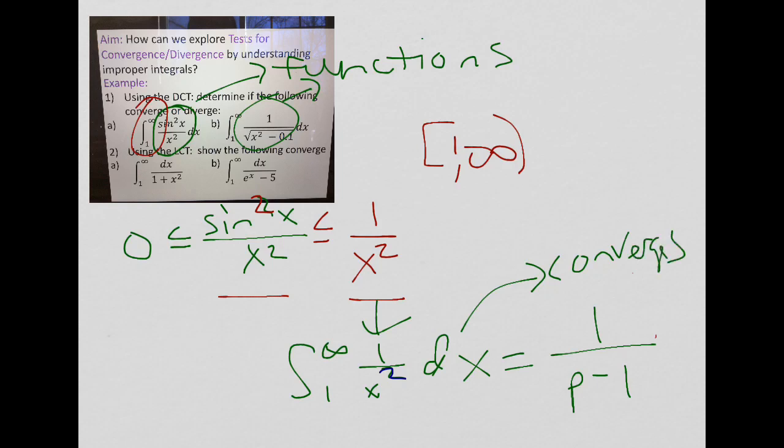Okay, so we can figure out what this would be between. So it's 0 is less than or equal to some value, which is less than or equal to, all right, 1 over p minus 1, where p has to be greater than 1 here.